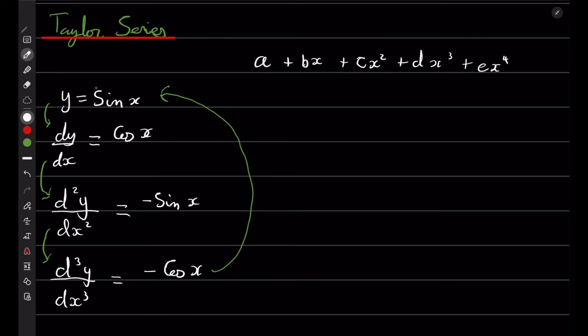Okay, so first, the function by itself, y equals sin x, should tell us what the value of sine x is at 0. The value of sine x at 0 we know is 0. Let me put the constants in a different color.